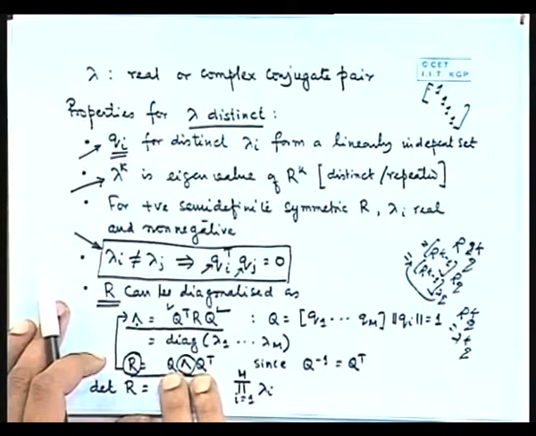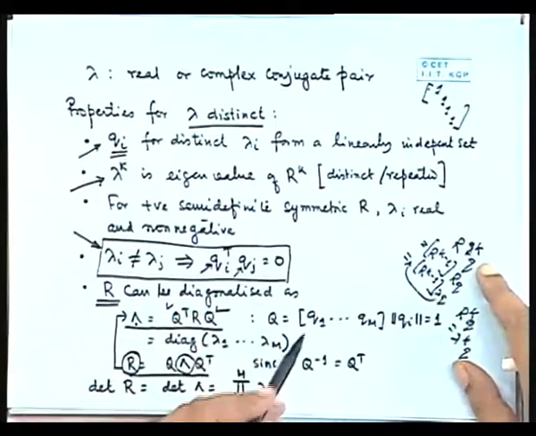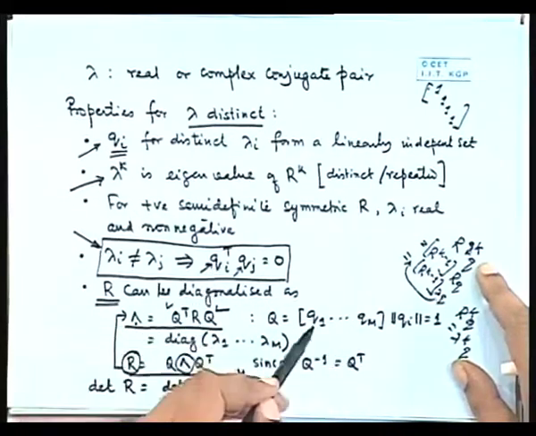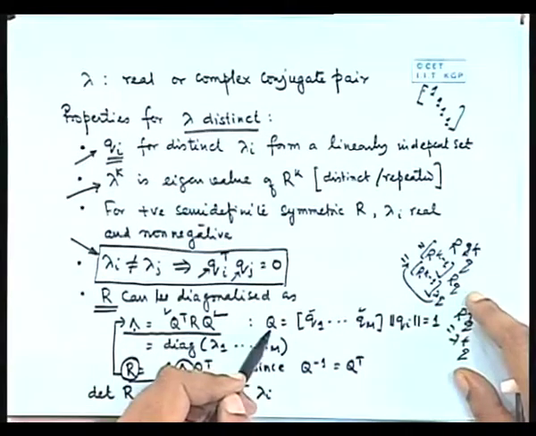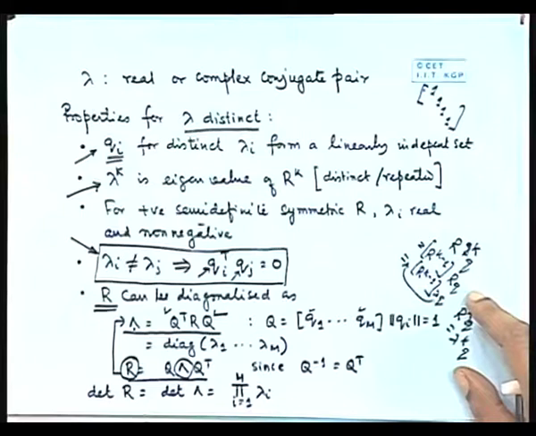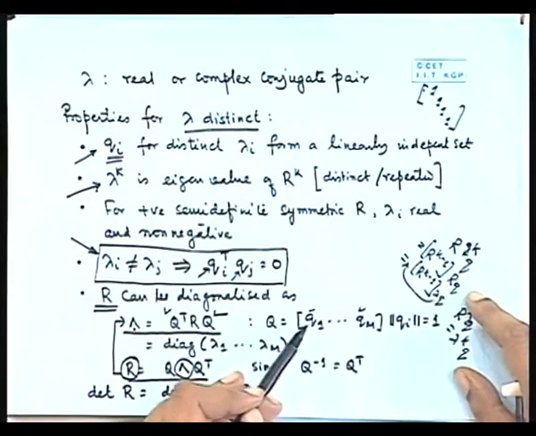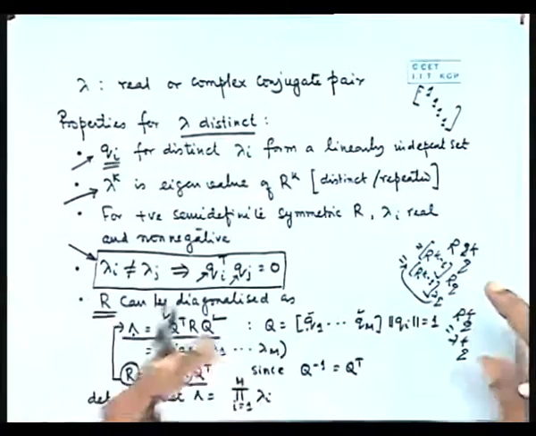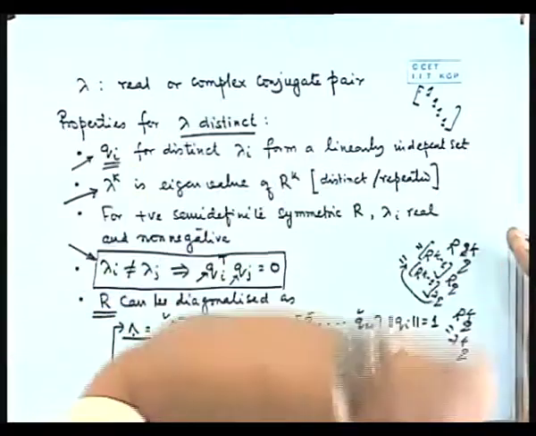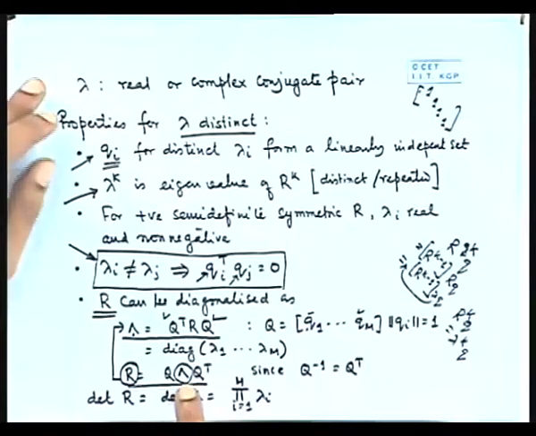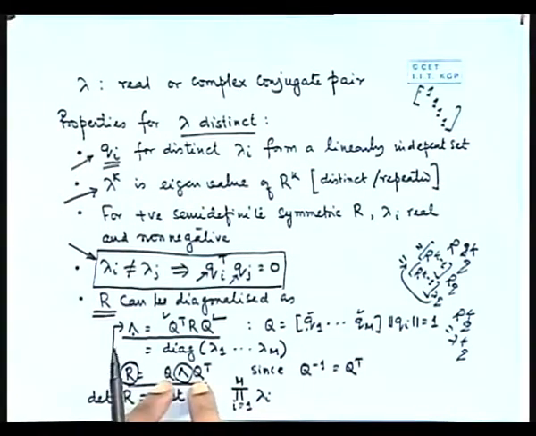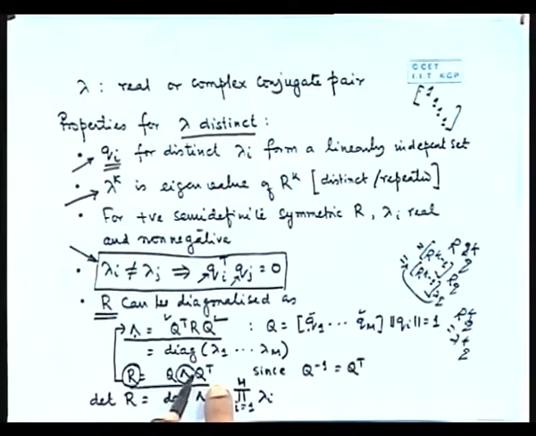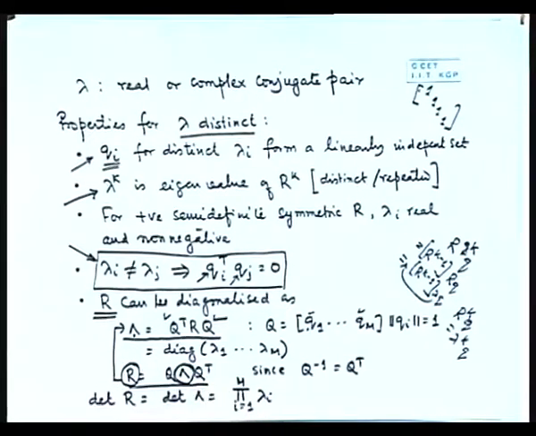What are these q's? q is a matrix whose columns are these vectors, q1 to qm. q is an m by m square matrix with m columns, each column is a vector, and these vectors are the eigenvectors. If you take the eigenvectors and put them one by one to make a matrix, that is q. Now R can always be expressed as q gamma q transpose, but this gamma is going to be a diagonal matrix. That's very advantageous.